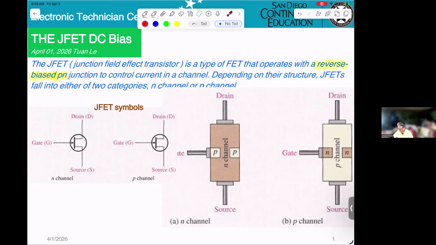The difference is for the N channel, the arrow is coming in, and for the P channel, the arrow is coming out. That is how you can recognize N channel or P channel.